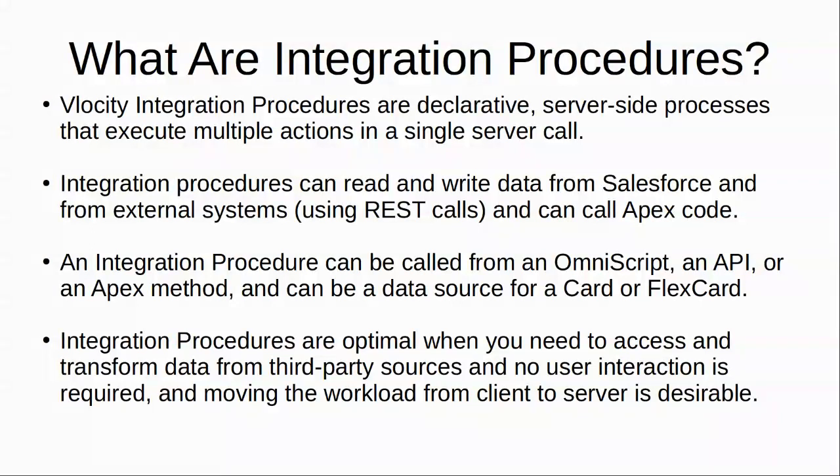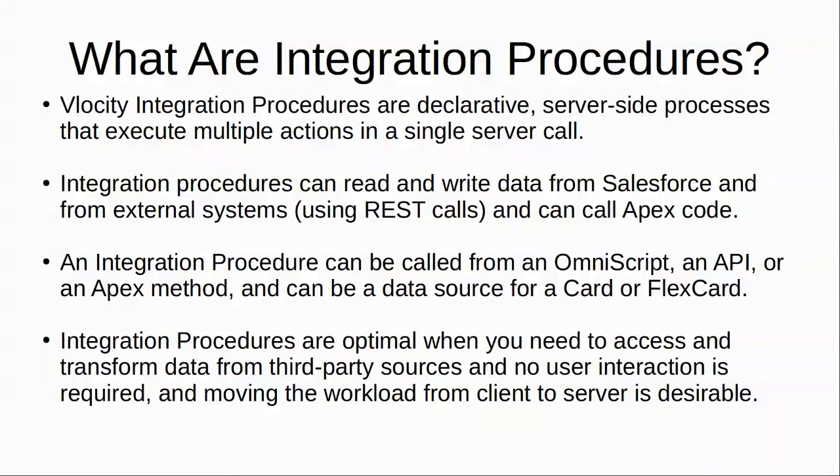The third statement says that it can be called from an OmniScript, an API, and an Apex method, and can be a data source for a FlexCard or a Vlocity card. Basically, Integration Procedure is used as a data source for the FlexCard, where it can be used to get data from the Salesforce ecosystem or from a third-party system, and then be used as per the need. It can be called from any FlexCard or Apex method.